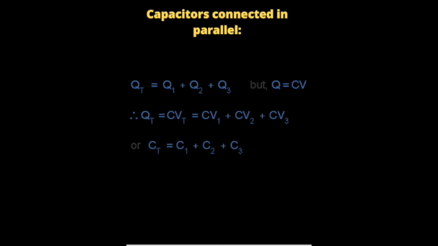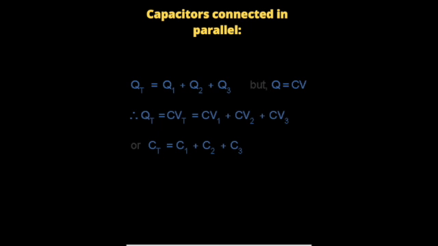We have to take into account that the charge is distributed among the capacitors and the voltage is the same for all capacitors. So when we start with this formula and we want to find the net charge, we have to add the charges of the individual capacitors.